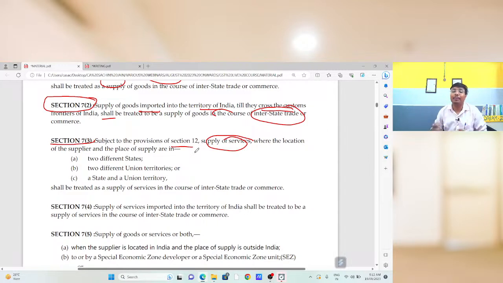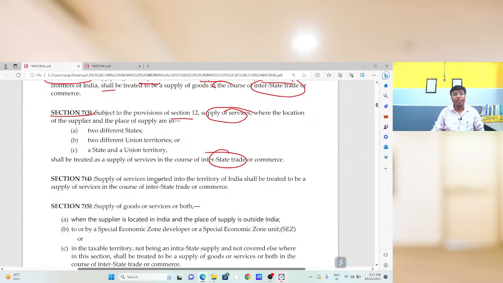In that case, that supply is to be treated as interstate supply and IGST should be charged accordingly. Now, section number 7, subsection 4: supply of services imported into India. In that case also, the same is treated as interstate supply. So subsection 2 talks about import of goods and subsection 4 talks about import of services, but the conclusive provisions are the same.